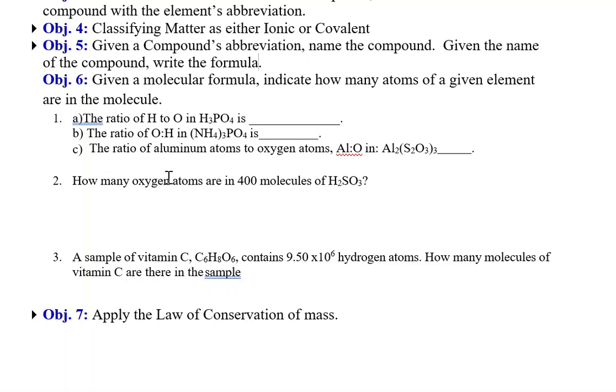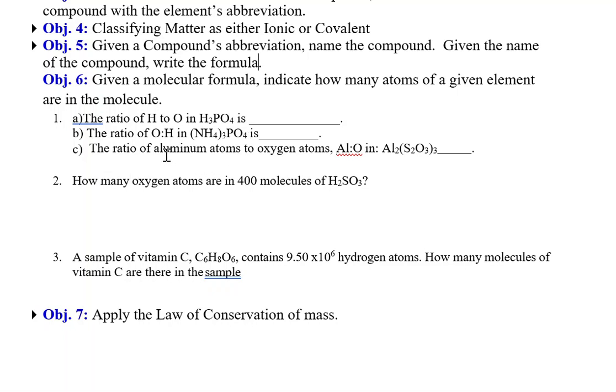But the key thing I want you to recognize is that if you see a formula written like this, don't freak out. It's just saying that there are 3 of these NH4 groups. We call them ammonium groups, 3 of them associated with 1 phosphate group, which is that PO4. Let's look at another one.